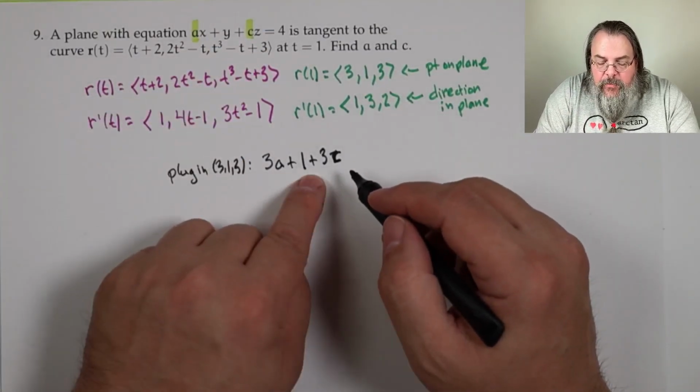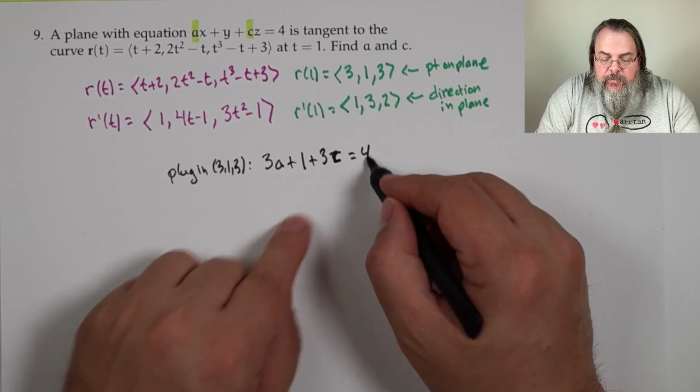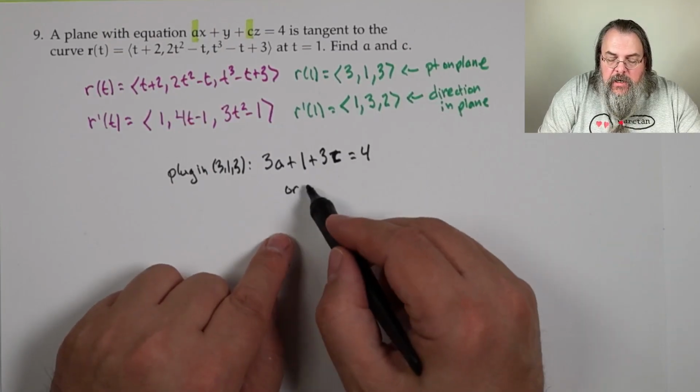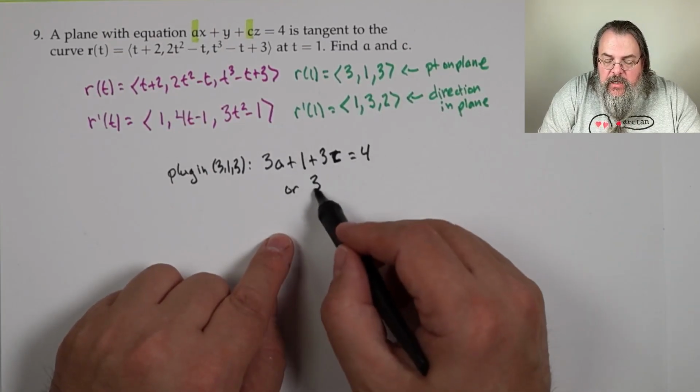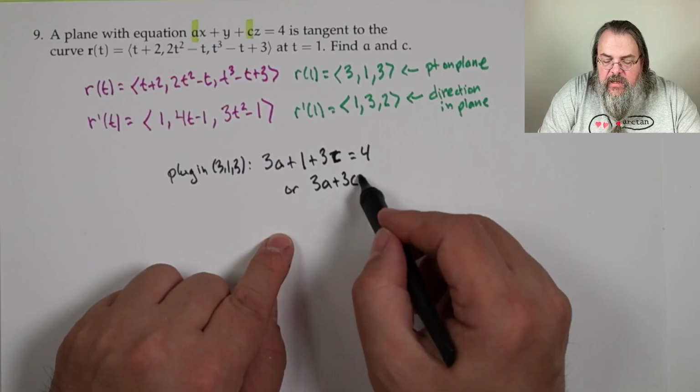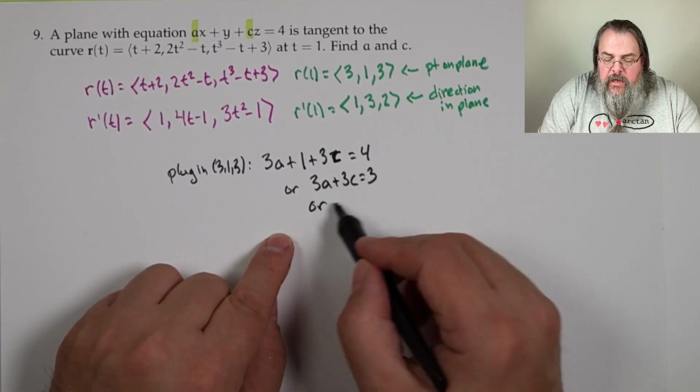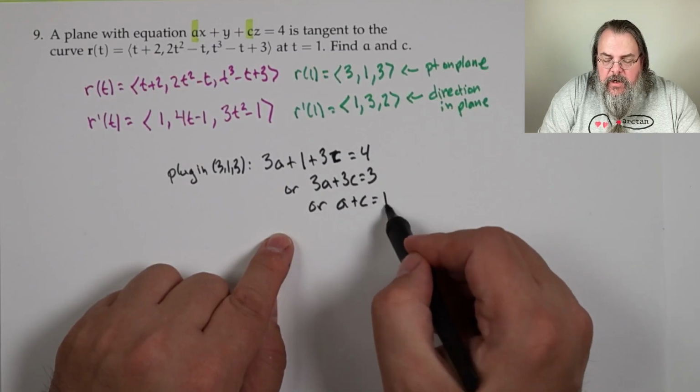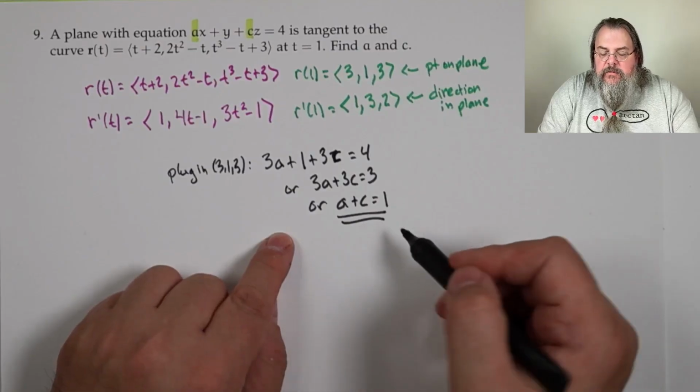So 3a plus 1 plus 3c equals 4. Or you can subtract: 3a plus 3c equals 3. Or a plus c equals 1. Okay, so that's a condition.